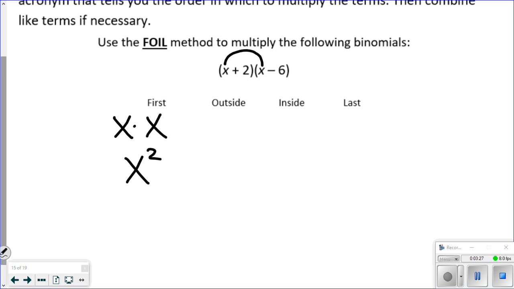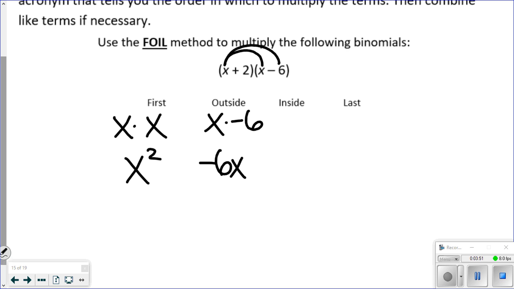Now I'm also going to take this x, and I'm going to multiply it by the negative 6. Distribute it to negative 6. Those are my two most outer terms. They're on the outsides, right? They're furthest left and furthest right. So x times negative 6 is negative 6x.